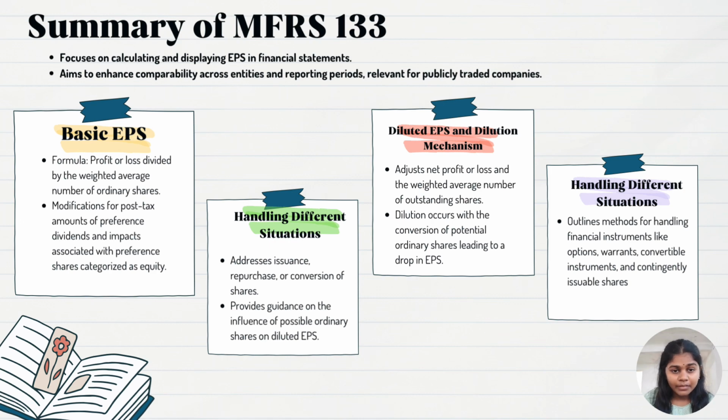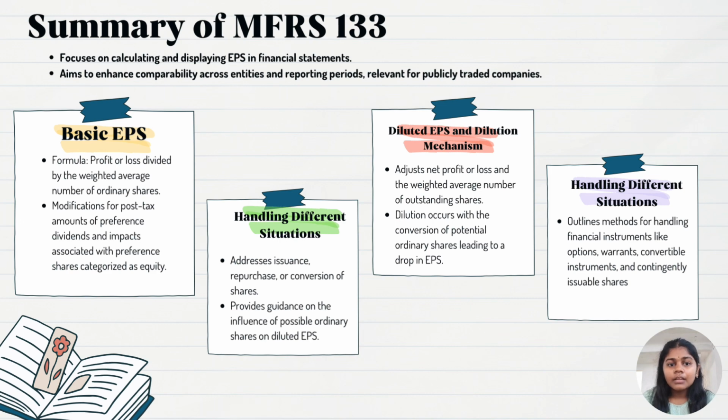Modifications are implemented to account for post-tax preference dividends and other impacts associated with preference shares categorized as equity. The standard also covers the handling of different situations such as issuance, repurchase, or conversion of shares and offers guidance on the influence of possible ordinary shares on the diluted earnings per share.